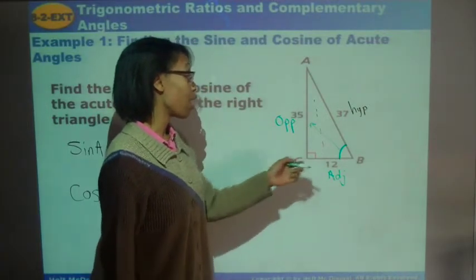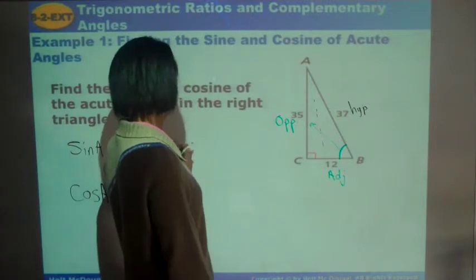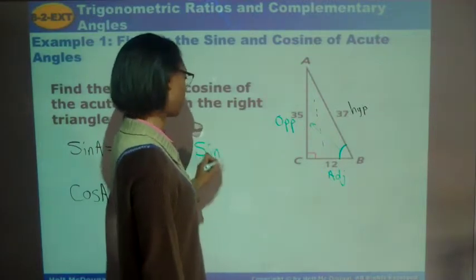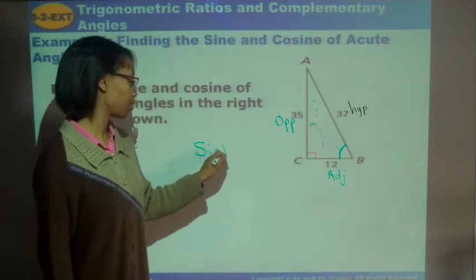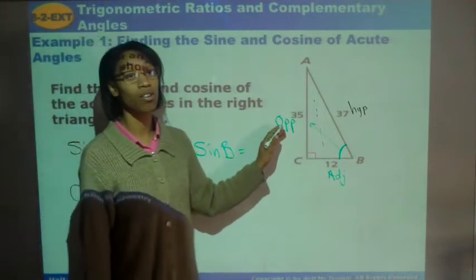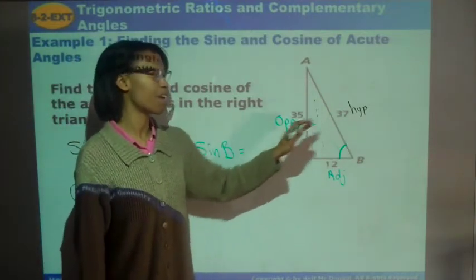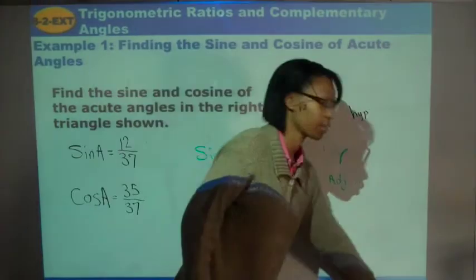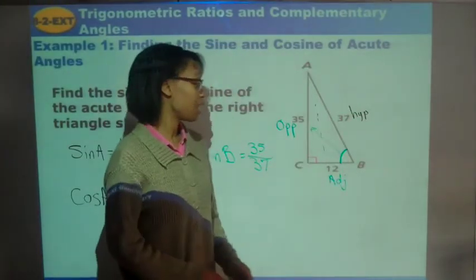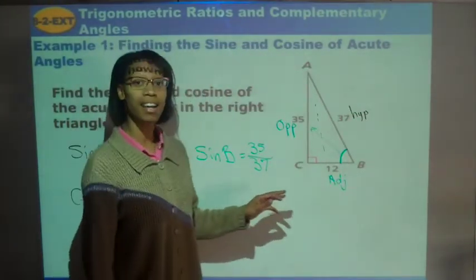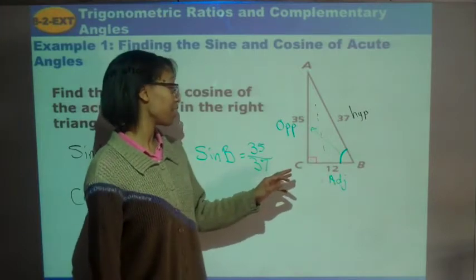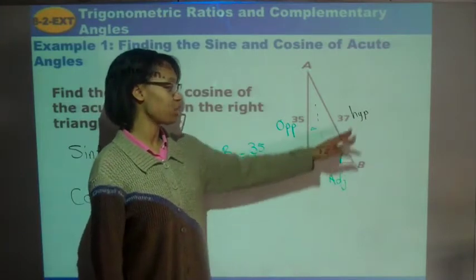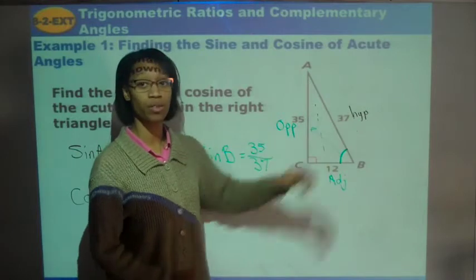So what are the sine and cosine of angle B? The sine of angle B is opposite over hypotenuse, so 35 over 37. And the cosine of angle B is the adjacent over hypotenuse, 12 over 37.